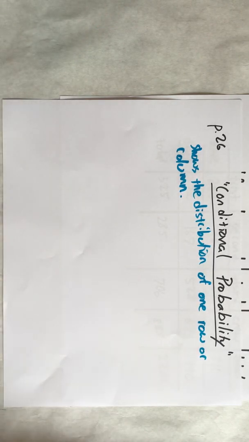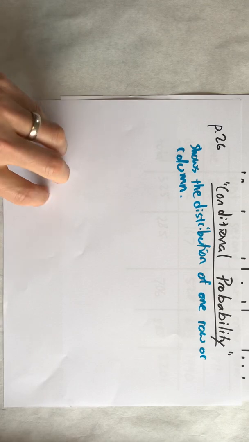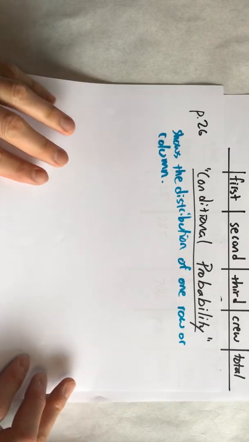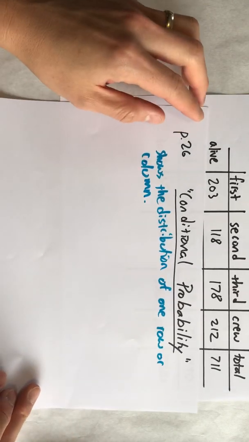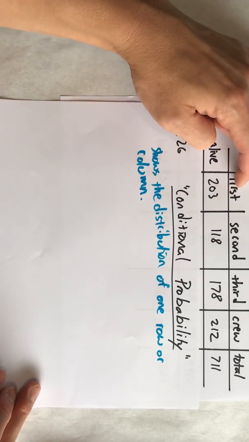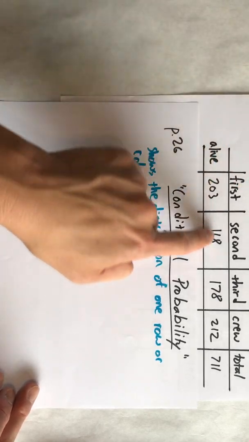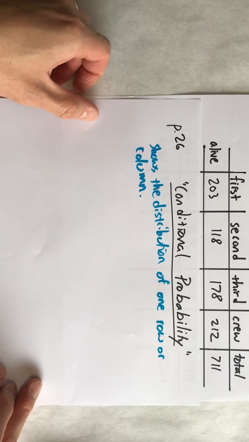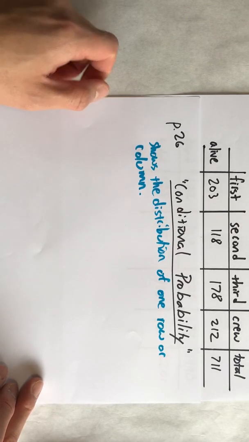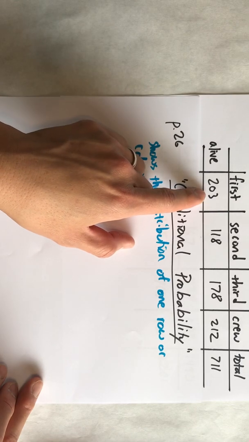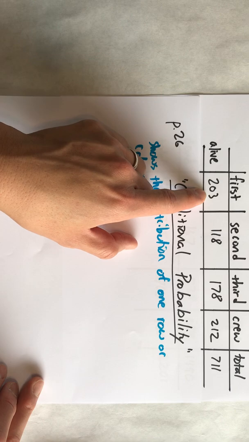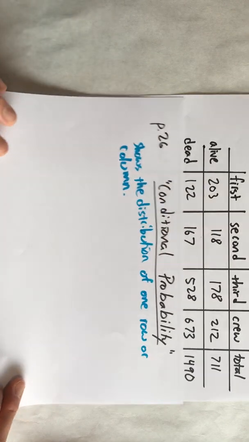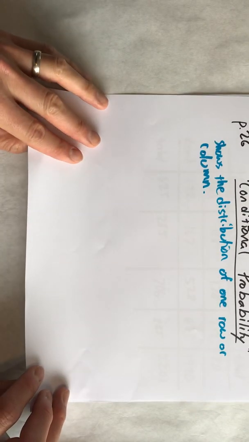So what I want to know, the question that I had was, did being a first class passenger give you a higher chance of surviving, of staying alive? I don't know, what do you guys think about that? Think about that for a second. Right, like these people probably paid more for this ship, they were higher class. Did they get the lifeboats and life jackets before everyone else? Okay.